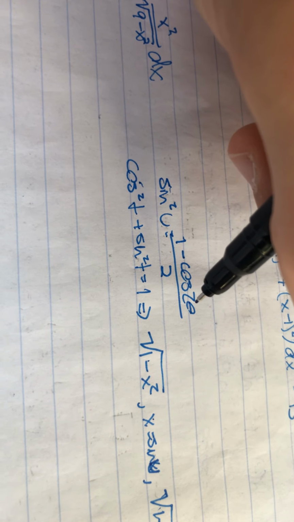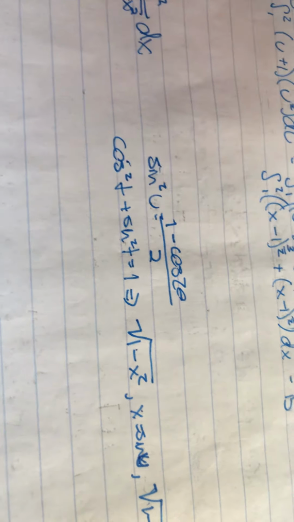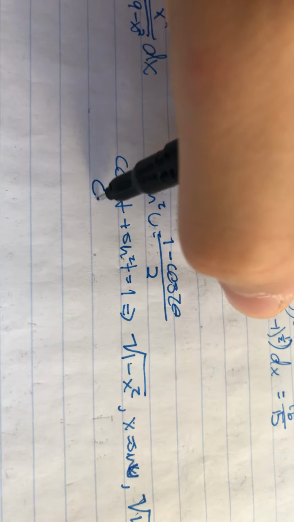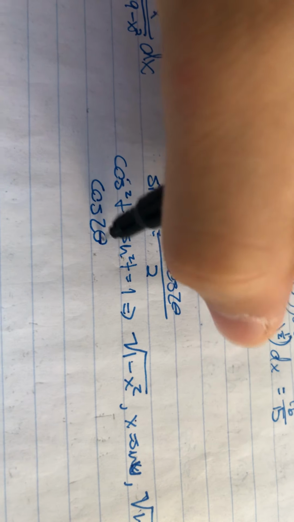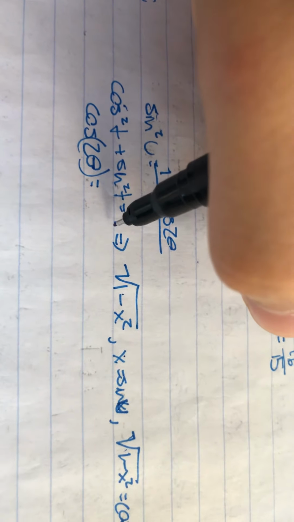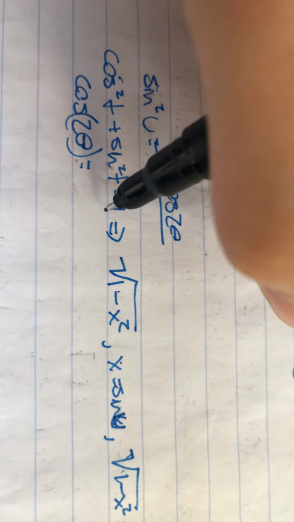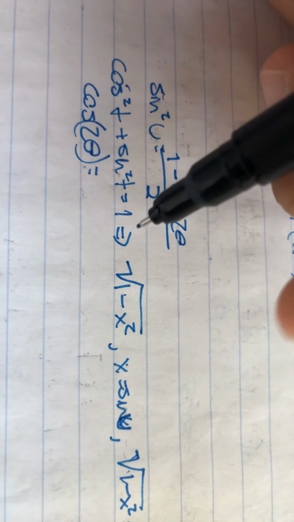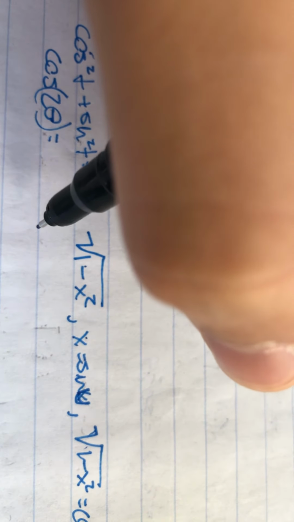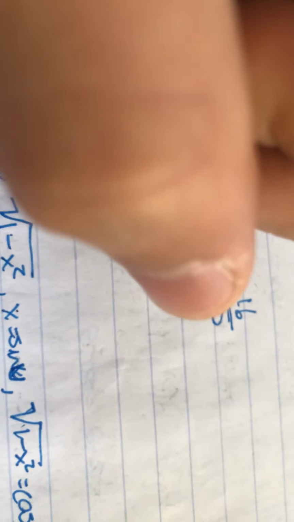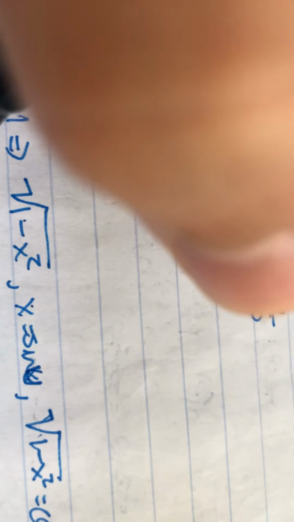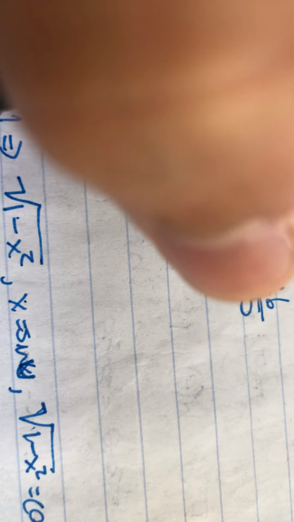The last thing we're going to need to know is that the integral of cosine of 2 theta times 1/2 is equal to sine of 2 theta times 1/4.